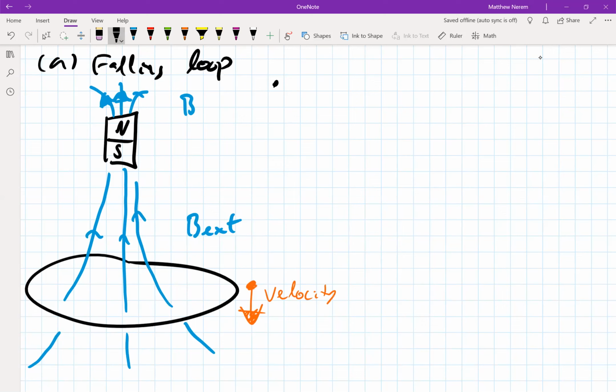Right. So what do we identify? We need to say, well, what's the direction of this induced current? Well, we need to figure out what the EMF is doing. So start off with the magnetic flux. Magnetic flux is decreasing as the loop gets away.